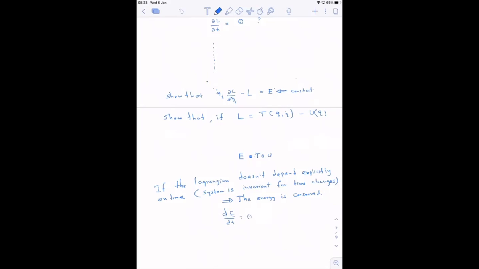If the Lagrangian does not depend on time, then the energy is conserved, right? Not explicitly depending on time means that you will not see t as a function in the Lagrangian. If t is not there in the Lagrangian function, then the energy is conserved in that particular system.